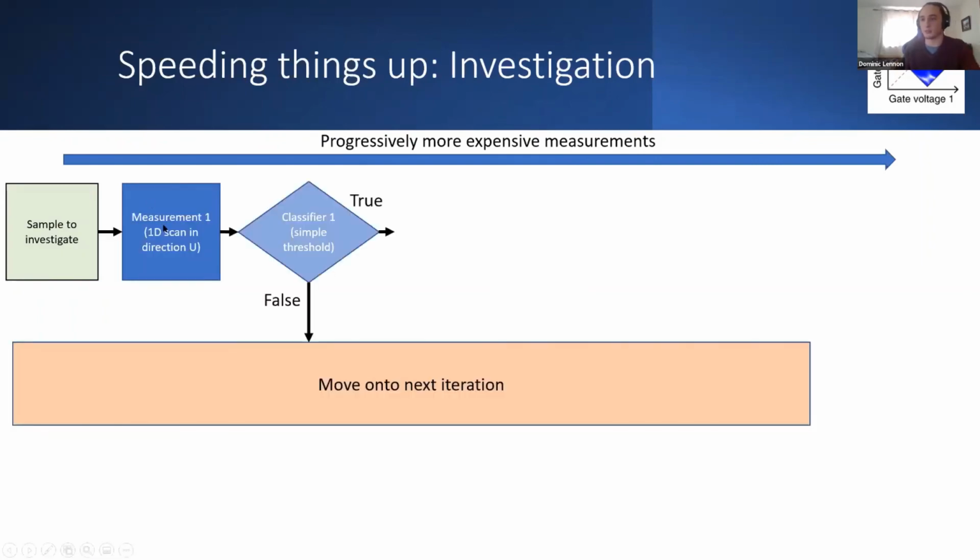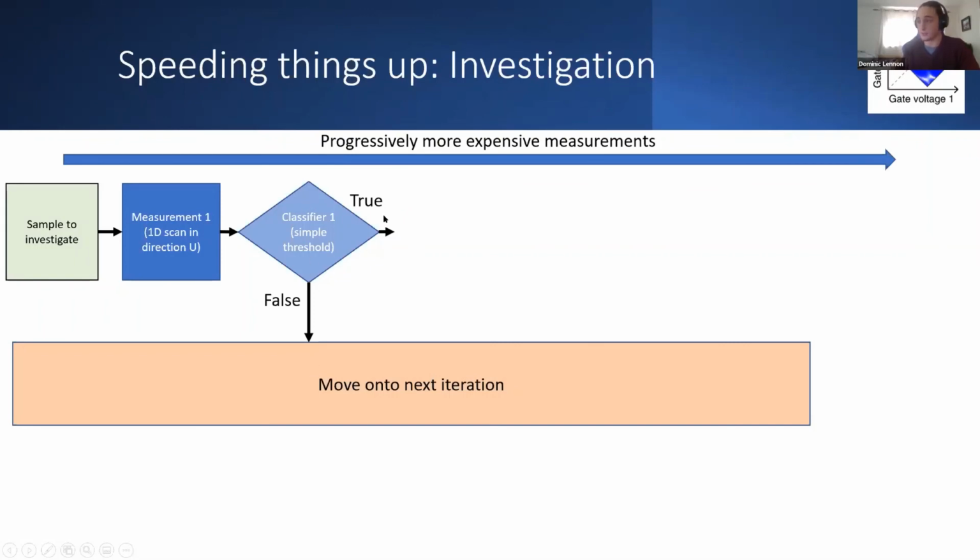So at first we would do a measurement, for example, in a direction U, in some unit vector direction, a 1D scan, and check whether there is even a threshold, which would indicate that we're pinching off and forming a single tunnel barrier. If we don't, then we can move on to the next iteration and give up on that point.